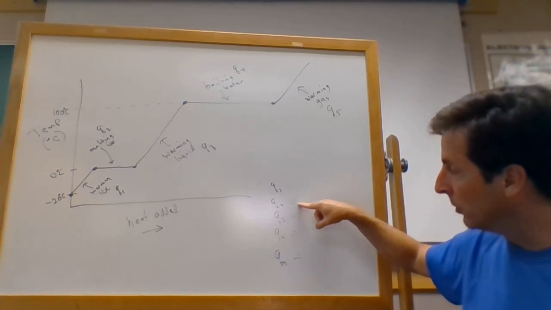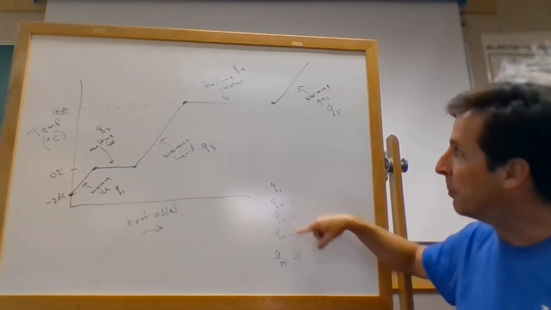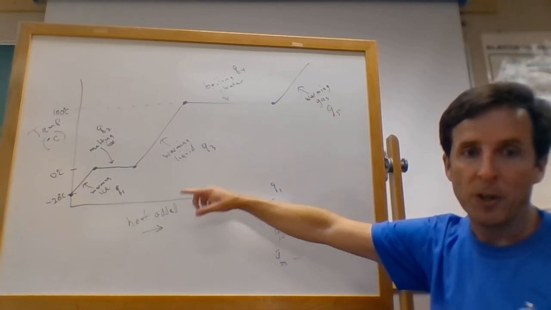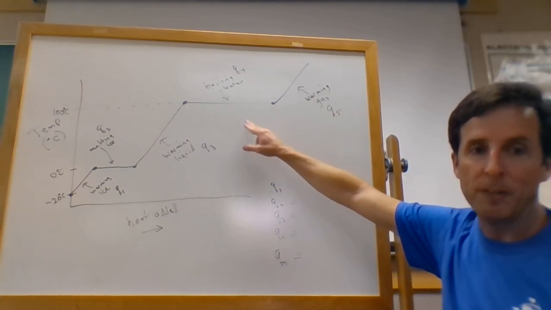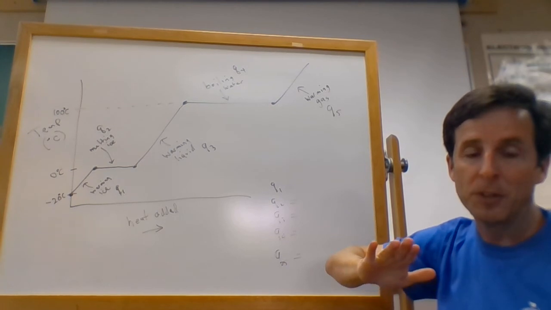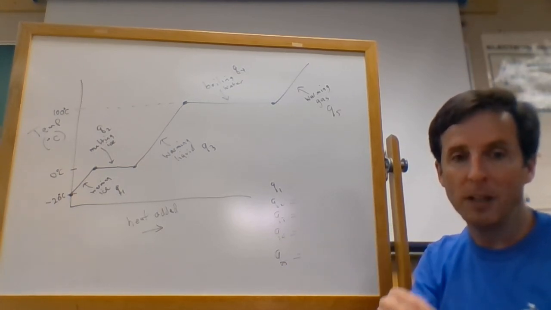So that's Q2. Q4 is the same thing, but it's vaporization instead of melting. So in the appendix, there's another value for the heat of vaporization, 40.67 kilojoules per mole. You don't need to memorize those numbers, but you do need to know where they are. They're in Appendix B of your textbook.